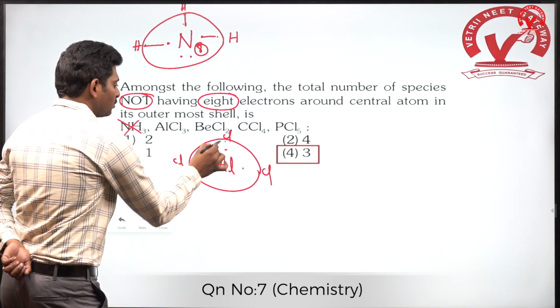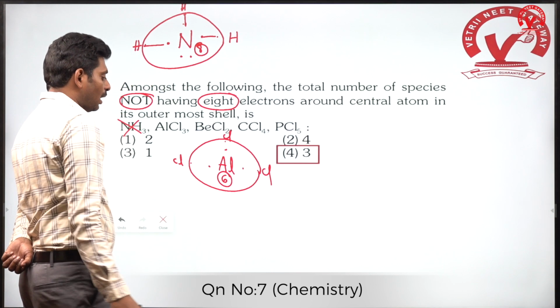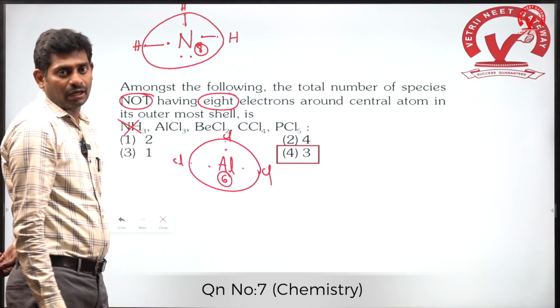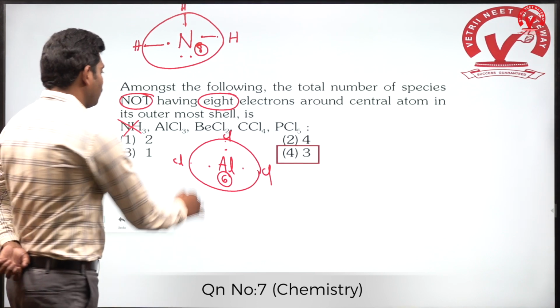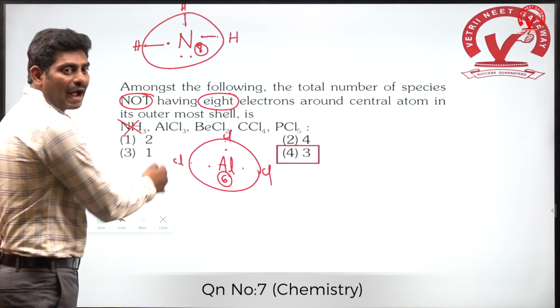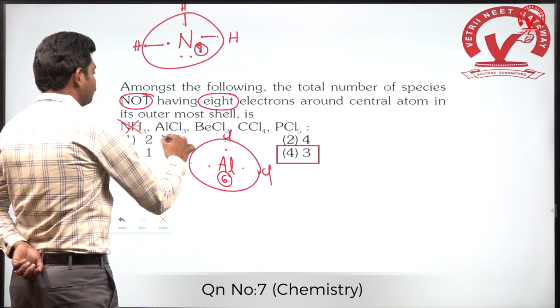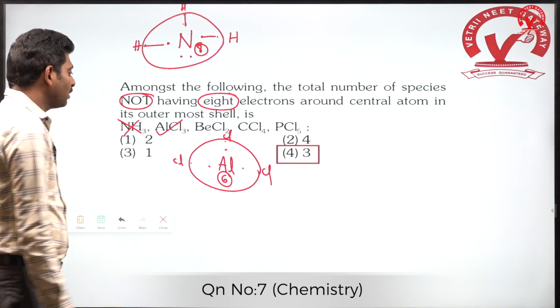Now how many electrons? 1, 2, 3, 4, 5, 6 electrons. Aluminum is surrounded by only 3 chlorine atoms and has only 6 electrons. It is not an octet species. Aluminum chloride does not have 8 electrons.